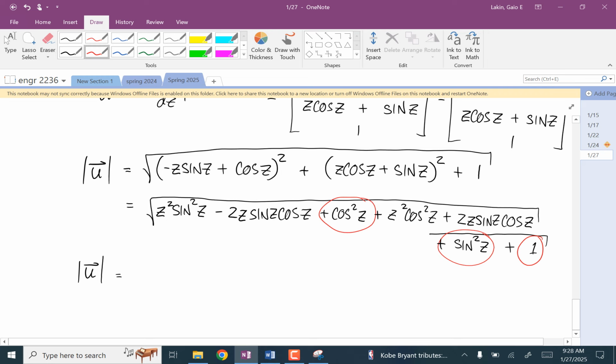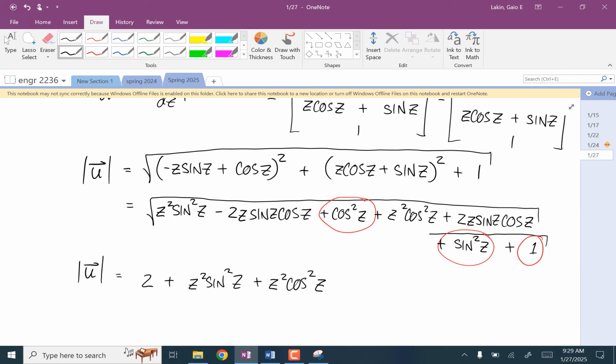So this is equal to 2 plus z squared sine squared of z plus z squared cosine squared of z. That's just z squared, right? Yes. And then look at these two guys canceling.